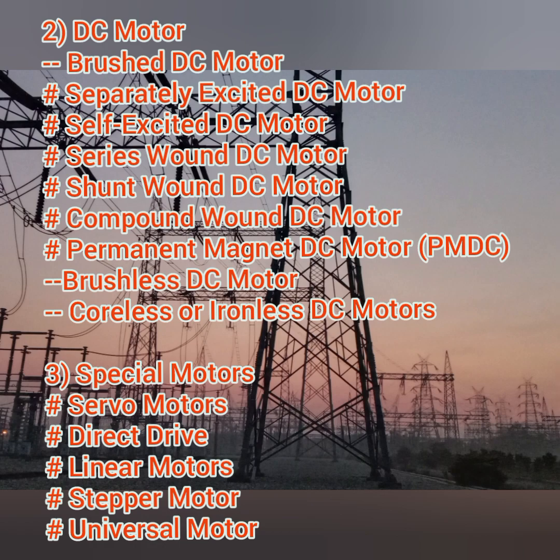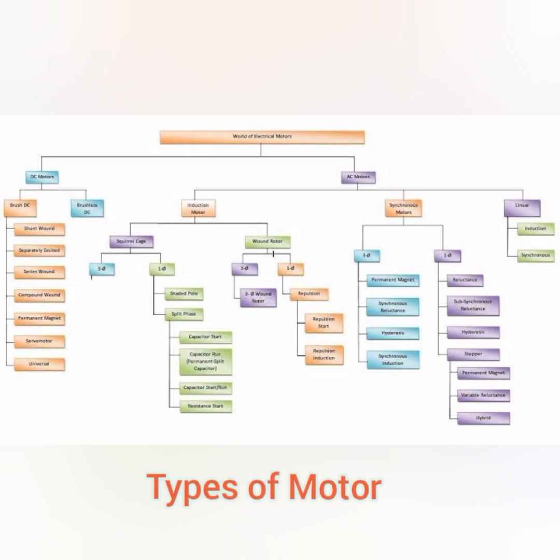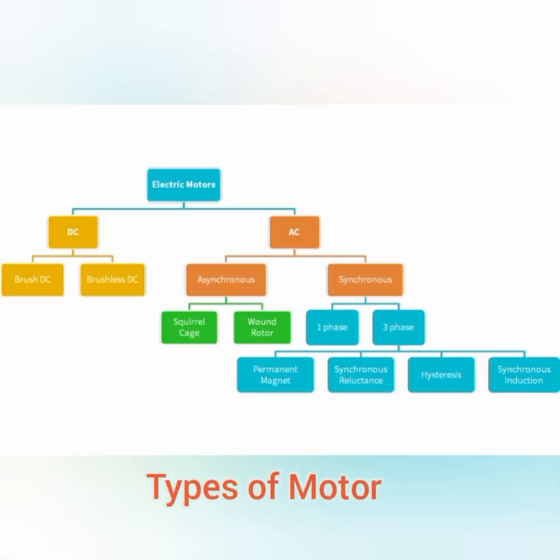Then special motors. Special motors are servo motors, direct drive motors, linear motors, stepper motors, and universal motors. So these are all the special motors. These are the subdivisions of each type. You can just go through it.